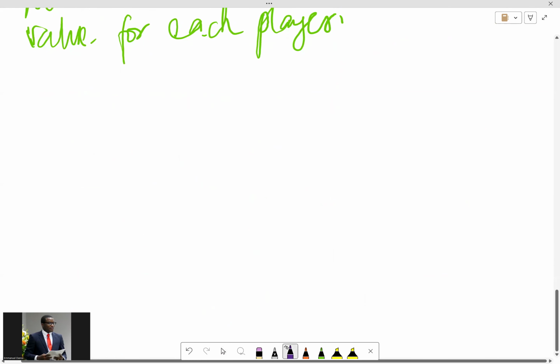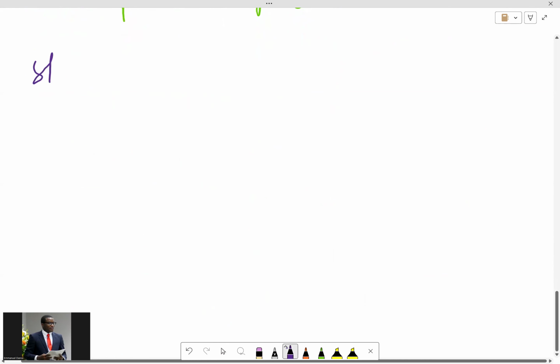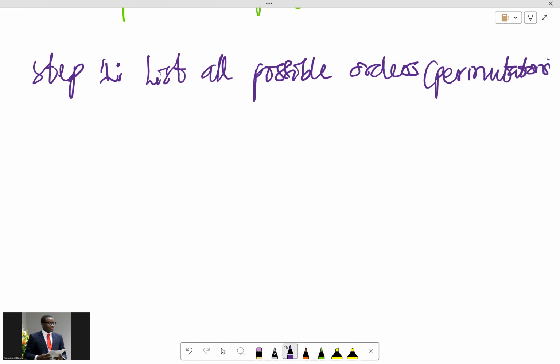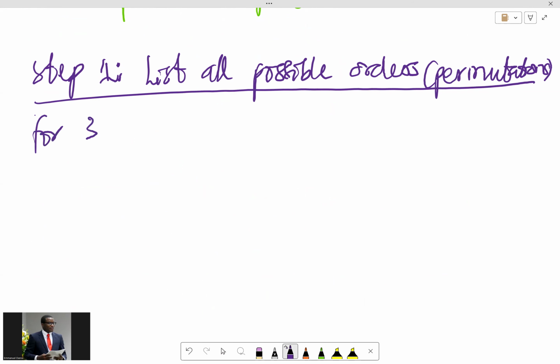Step 1, we need to list all possible orders in which the players can join, which you can also call permutations. There are 3 players, so in how many ways can we arrange them?